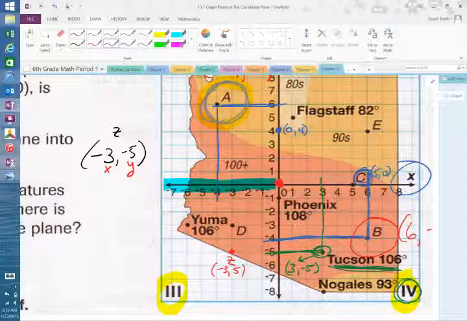If they said describe the location of Yuma, when they're talking about this map on this grid, it would be quadrant 3. Now if you're just looking at a map and it says describe the location of Yuma, they're also obviously wanting, it's in the desert or this.